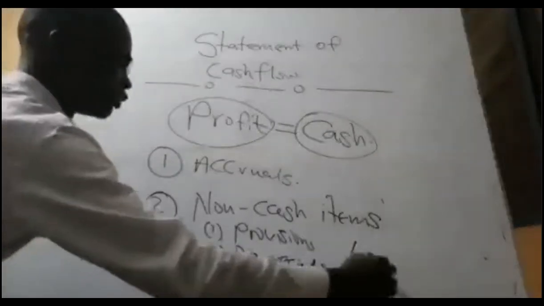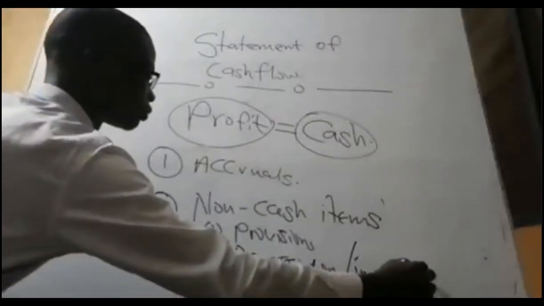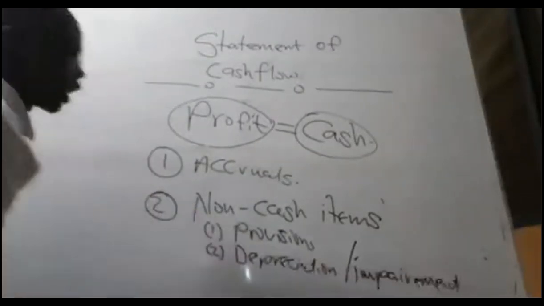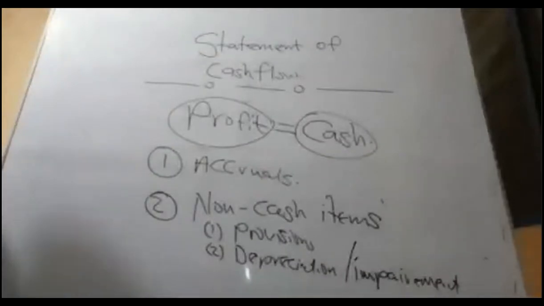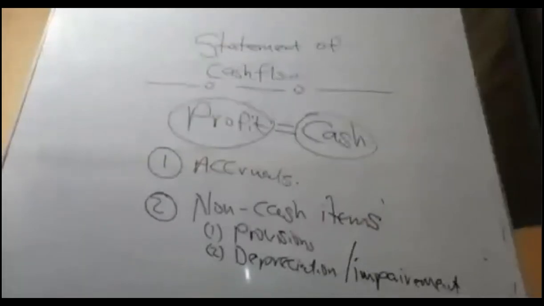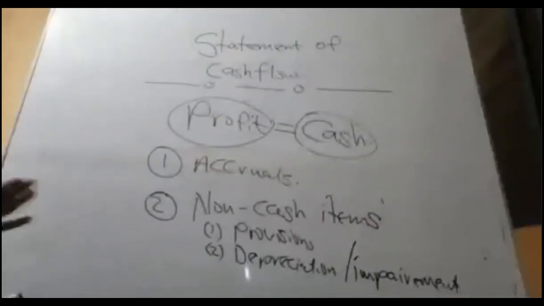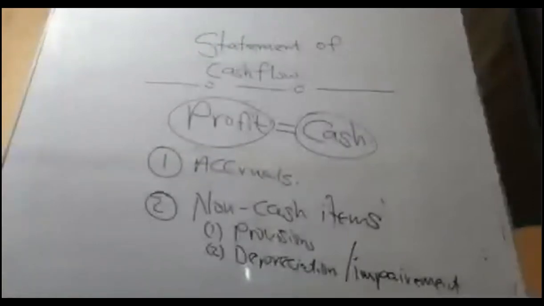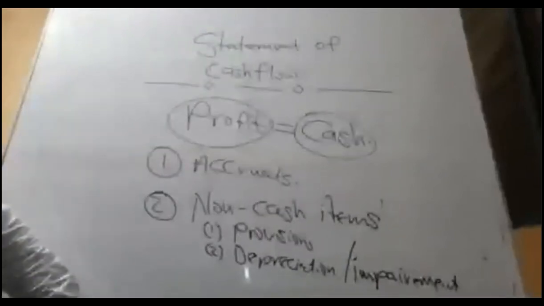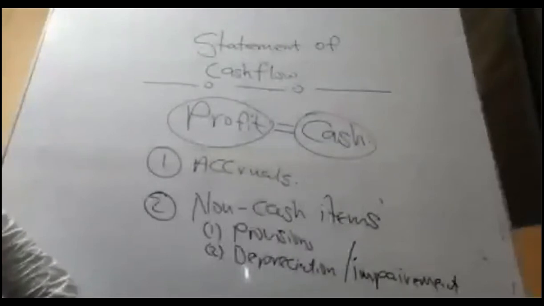Impairment. Amortization. Inventory written down. Allowances. Provision for bad debt. All of these will cause a difference between the profit and the cash.